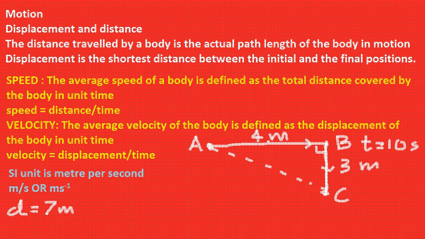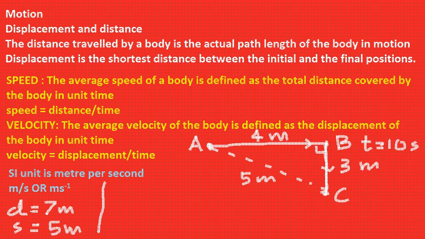Since this is a right angle triangle, we can apply Pythagoras theorem to find the length of the hypotenuse, and it comes to 5 meters. So the displacement of the body here is 5 meters. For displacement we are using the symbol S, so S is equal to 5 meters.